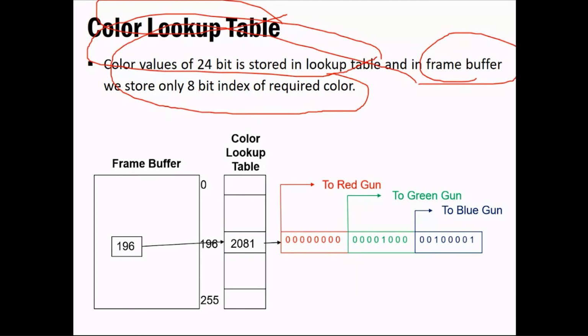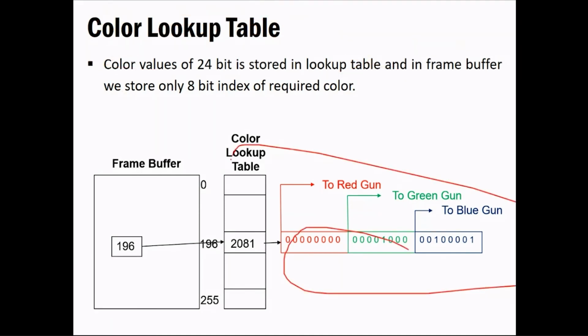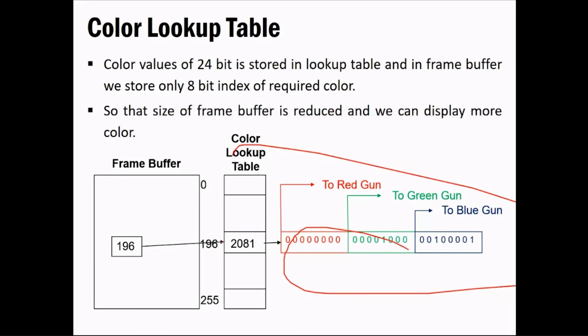So your storage requirement for the frame would be very small, and it will be fast also, so that's why we do all of this. In turn it directs you to the same color information only. So the size of the frame buffer is now reduced, we can display more colors, and we can also do this more efficiently and faster.